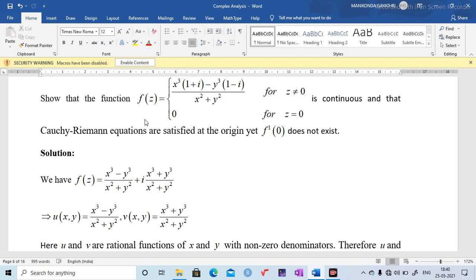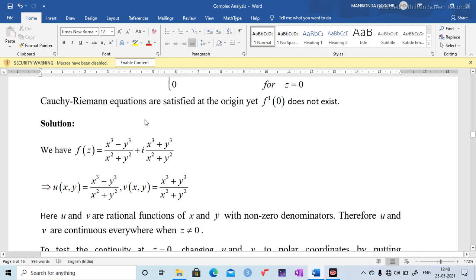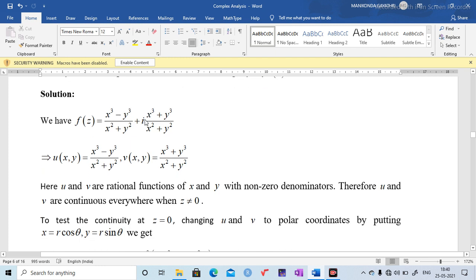Here u and v are rational functions. Rational functions means quotients of numbers of x and y with non-zero denominators. Observe here denominators are squares. That means even though you have a negative term, as x minus 2 whole square is 4 only, you are going to get a positive term.